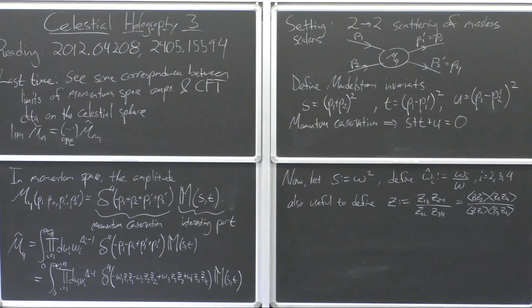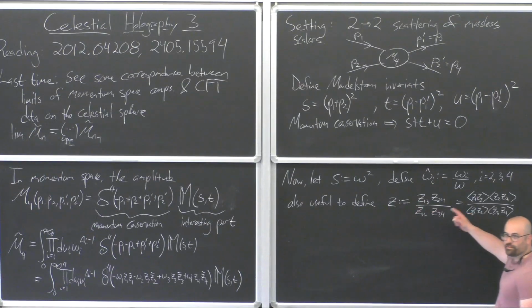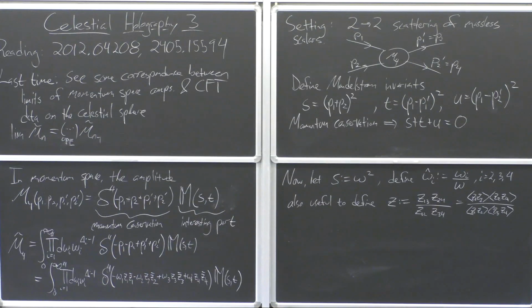Furthermore, it's projectively invariant, because I have one Z1 upstairs, one Z1 downstairs, one Z2 upstairs, one Z2 downstairs, and so on. So this is, up to writing 1 over Z, the unique conformally invariant cross ratio on the sphere that we can build out of the locations on the sphere associated with our 4 momenta in the scattering process.